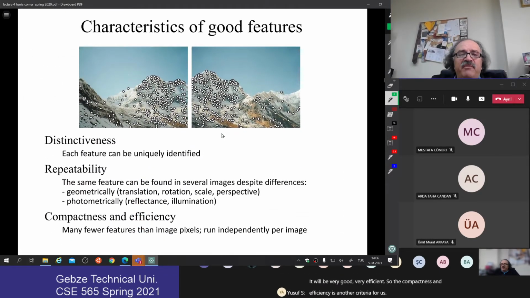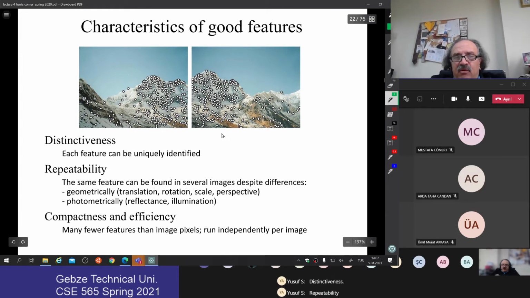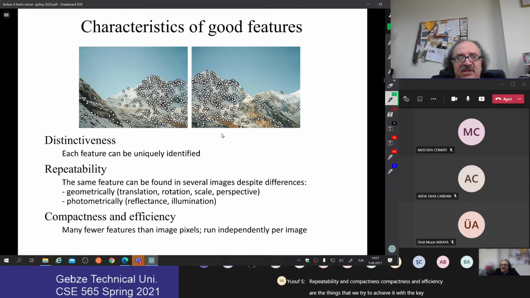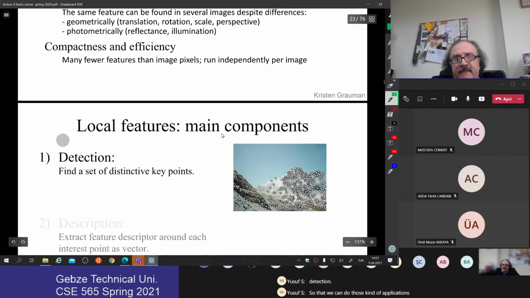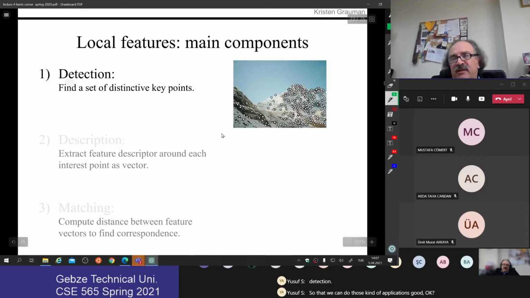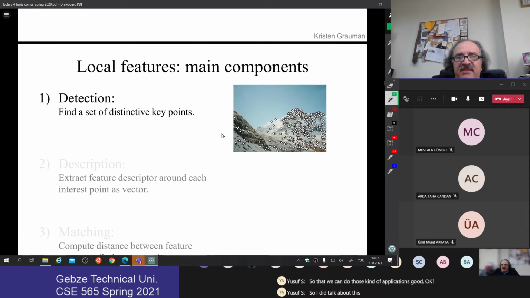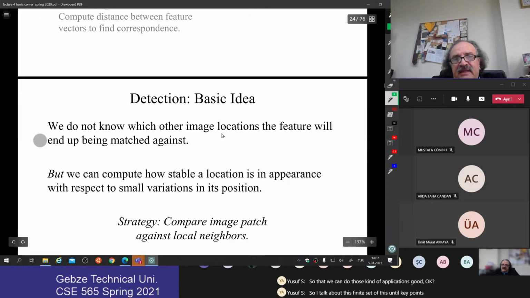So if you put them together, distinctiveness, repeatability, and compactness and efficiency are the things that we try to achieve with key point detection, so that we can do those kinds of applications. Good. So I'll talk about this: find a set of distinctive key points.